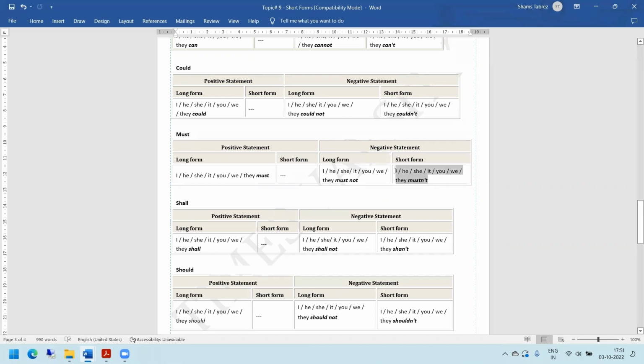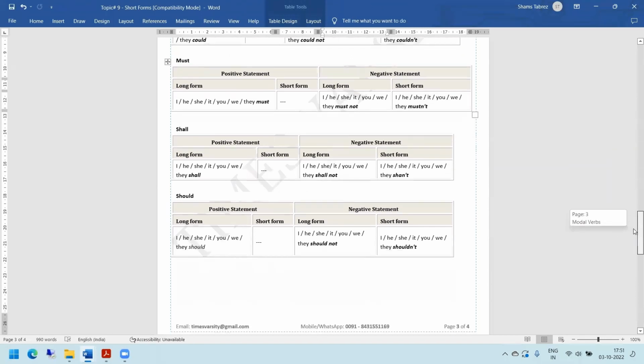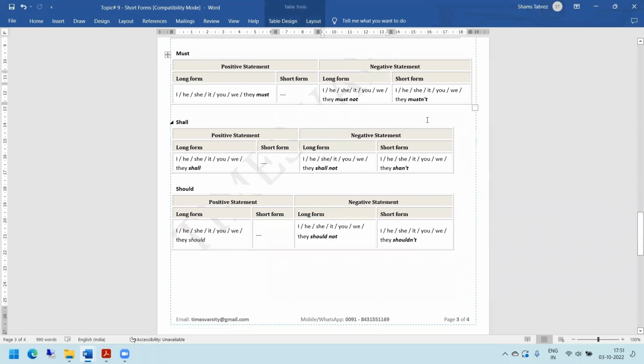All right. So normally in writing we go with the short forms. So we should be aware of short forms, because in some places you will see short forms are used. Similarly for shall, I shall do this, you shall do this, they shall do this, right? So there is no short form for this, but when you add negative, you can say they shall not, and look at the short form for this.